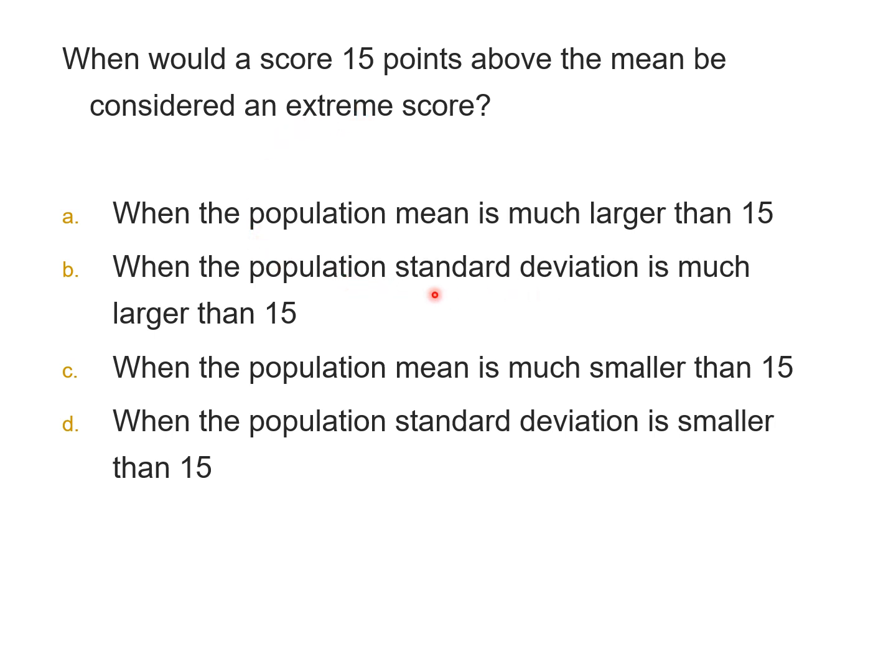Standard deviation, the average deviation. And when the average deviation is very small, on average scores are not bouncing very far around the mean, that makes this one score, being really far from the mean, look a lot more extreme. So in this case, D would be the correct answer.